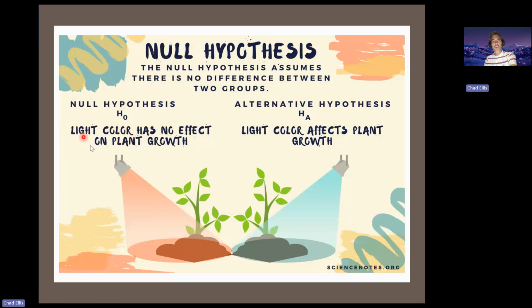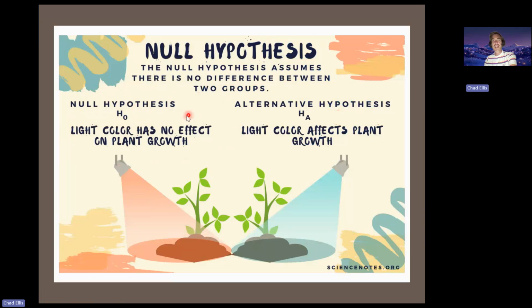It's only when you do your experiment, you collect your data, you analyze it, you do your statistical tests, that if the test tells you to reject the null hypothesis, you're saying, oh, I'm going to go with my alternative hypothesis, that light color does affect plant growth. So it's going to be either sticking with your null hypothesis or failing to reject it.